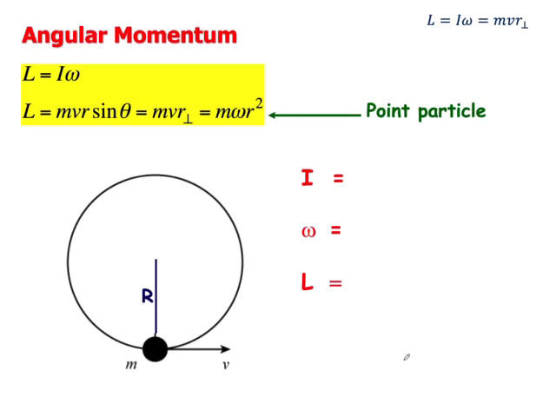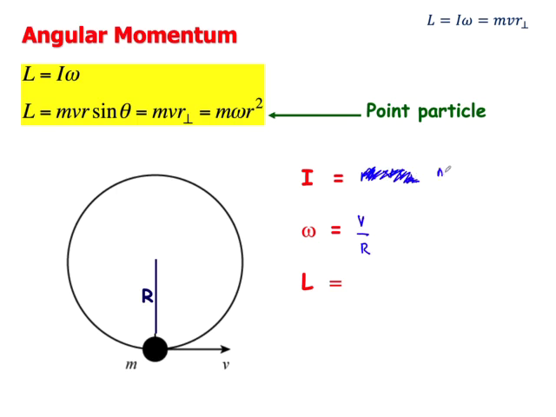Let's do another quick problem. If you've got a point particle of mass m moving at velocity v at radius r, you can, of course, just write it as mvr. I already proved it to you. Normally, I would prove it right here. How do you calculate omega? Well, omega is going to be equal to, if you remember, v over r. And what's the rotational inertia? Oh, sorry.